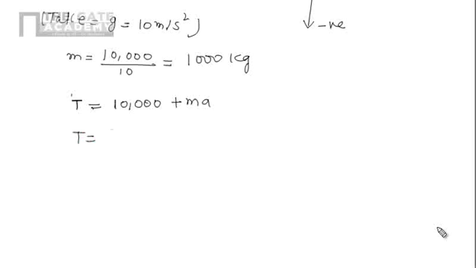So T equals 10,000 plus M, we know that is 1000, and acceleration is 2.